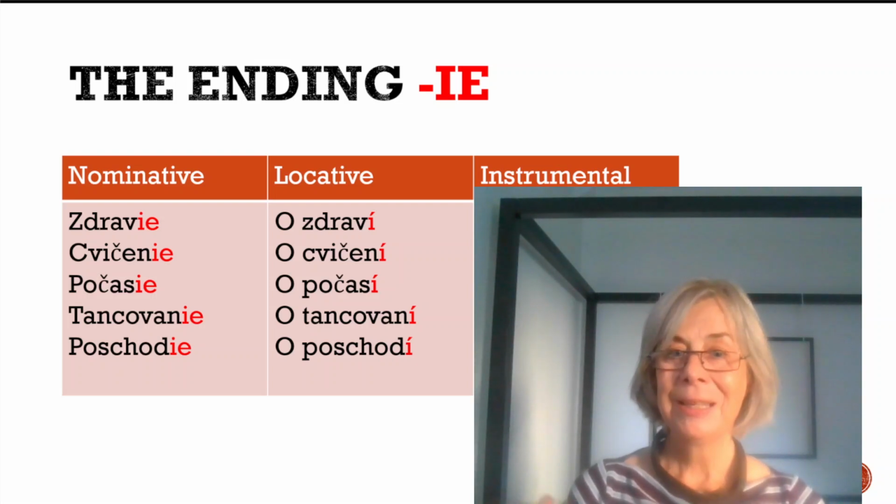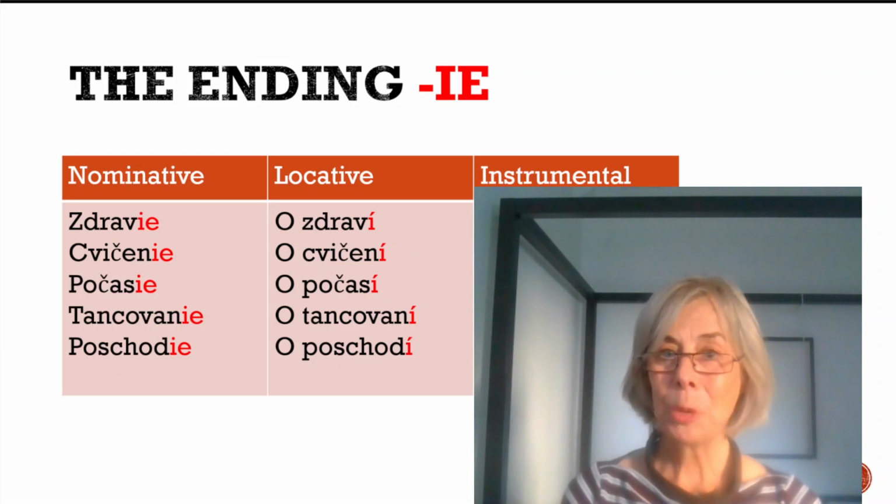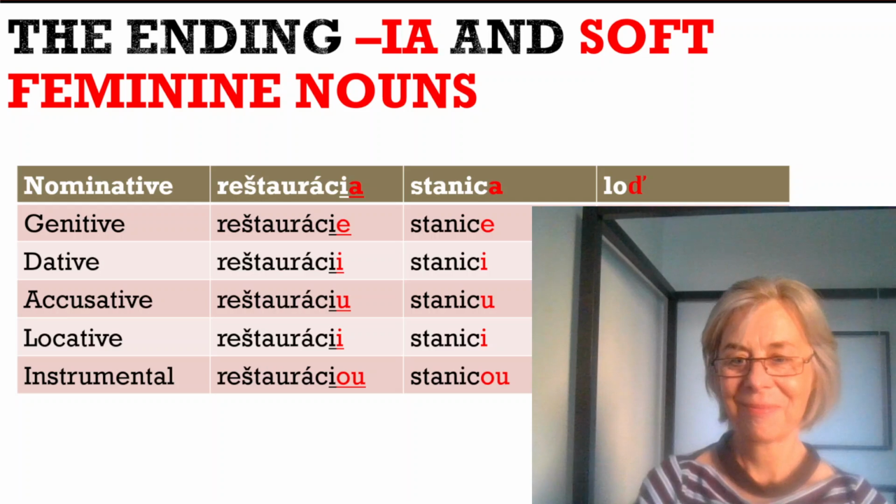Tancovanie o tancovaní. Poschodie o poschodí. And in instrumental, short e will change into long í with the ending m, classical for this case. So zdravie, zdravím, cvičenie, cvičením, tancovanie, tancovaním, poschodie, poschodím.